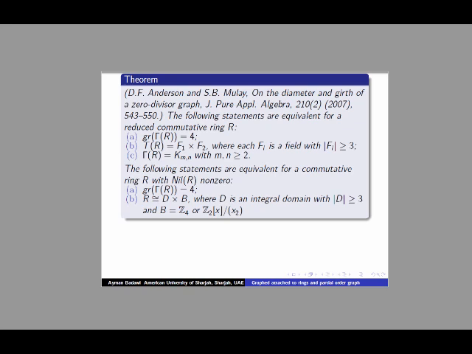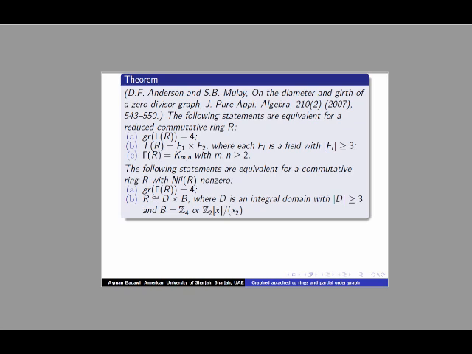Look at number B, this is the total quotient ring. What do I mean with the total quotient ring? This is localizing R at the set of all regular elements of R. Or you can remove that and say that R is isomorphic to a cross product of two integral domains.